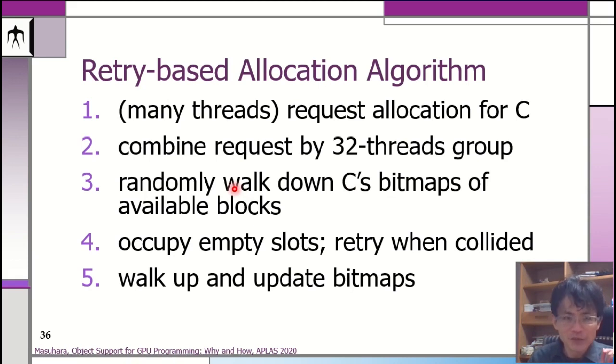And we also guide those threads to find only an available block, that means an already allocated block for class C. That will guarantee that in the long run those threads are going to fill a block for a particular class. That will give better memory locality. That's the basic idea of the efficient memory allocation.